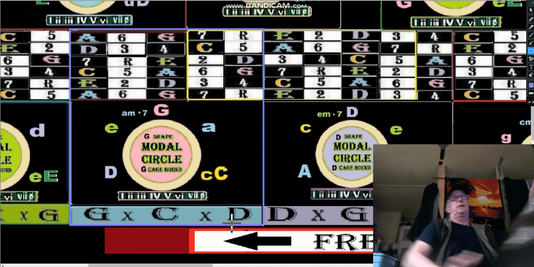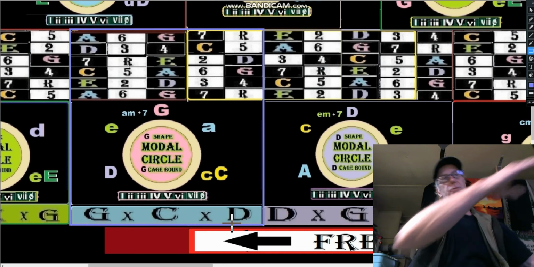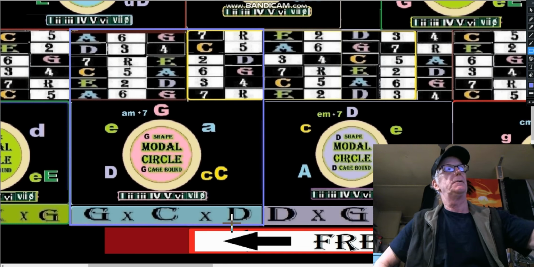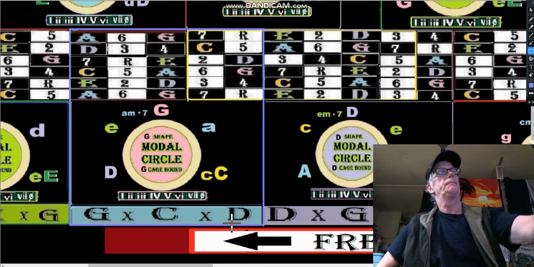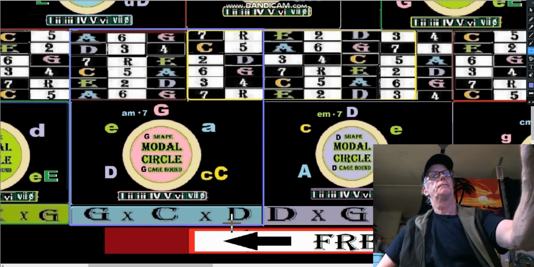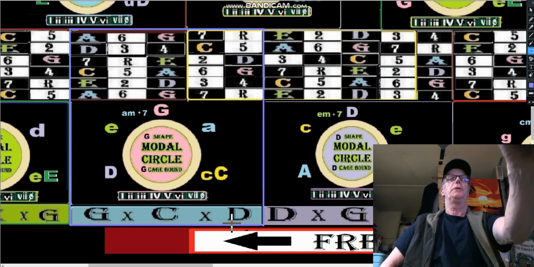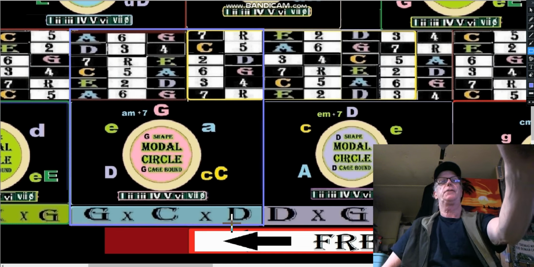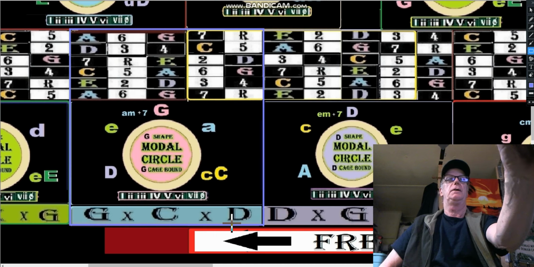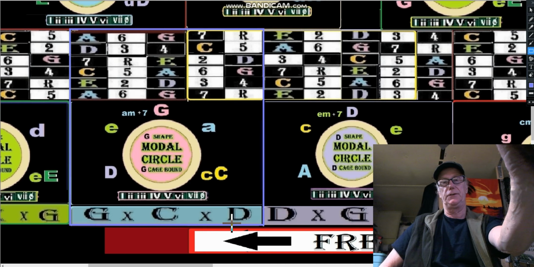Let me get this. Sorry, I said I wouldn't cross over with my finger anyway. My arm. There's your G scale. So we can play the 4th of the 5th. Okay, well this is just the 4th of the G Ionian.